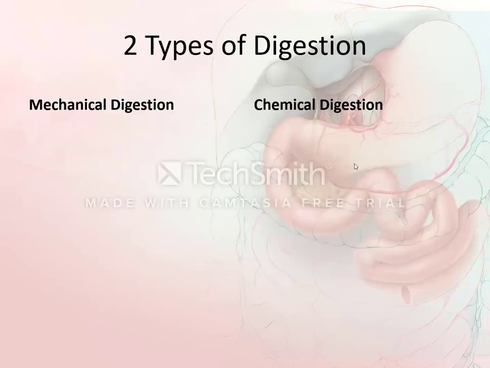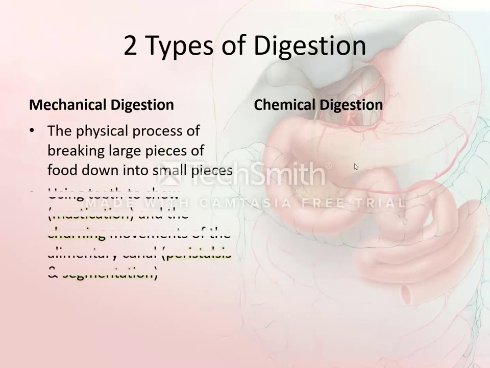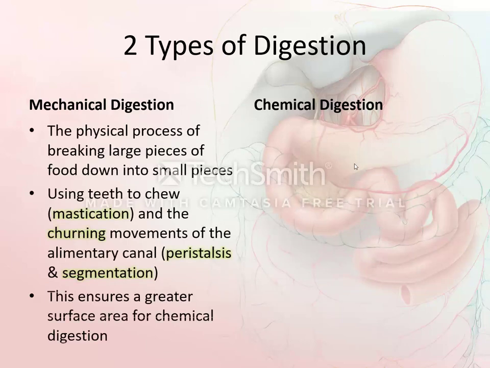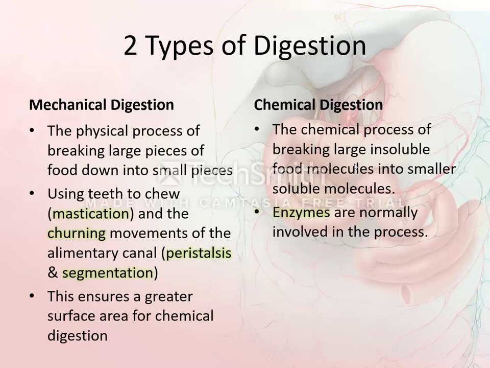Okay. Right, I've said this already, grade 11, so I'm really not going to spend a lot more time on it. However, I want to point out this over here. You actually get 2 types of churning movements in the digestive system. Peristalsis, which we've done, and segmentation.